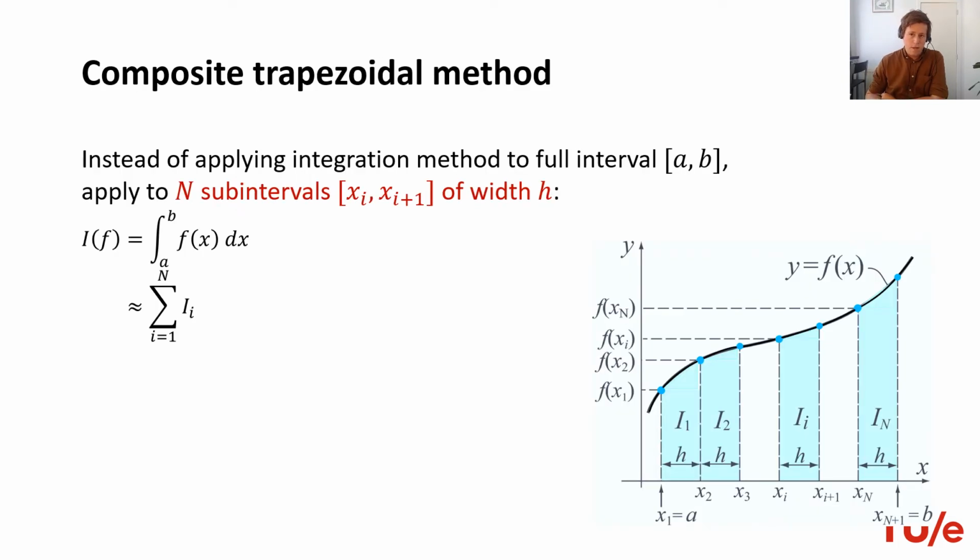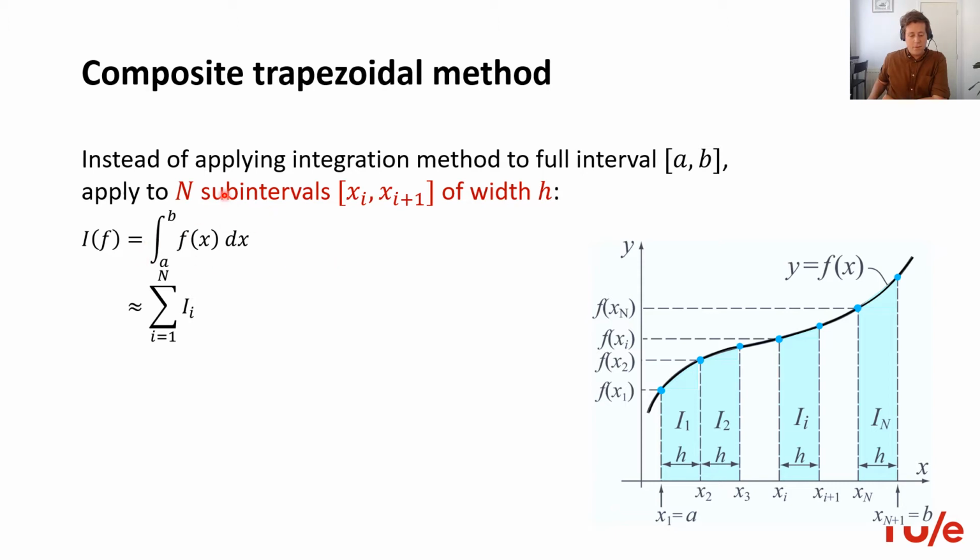Again, if we're not satisfied with the accuracy of the standard trapezoidal method applied to the full interval in one step, we can try to increase the accuracy by using a so-called composite trapezoidal method. In this method, we subdivide the interval from a to b in n subintervals of width h.